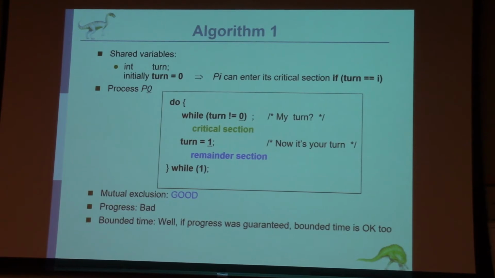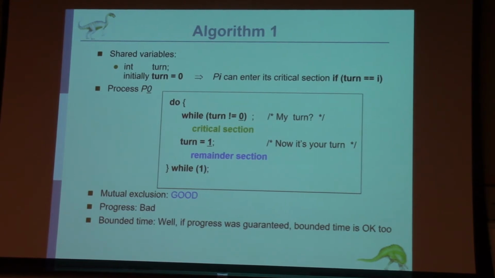So I'd better show the slide to understand the algorithm than try my best to explain the meaning of the code. Okay. So for the first algorithm, as you can imagine, we can use a key to access the critical section. In this case, the key is shared data, turn.